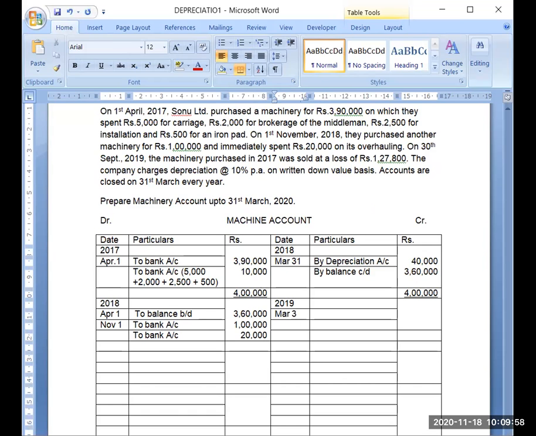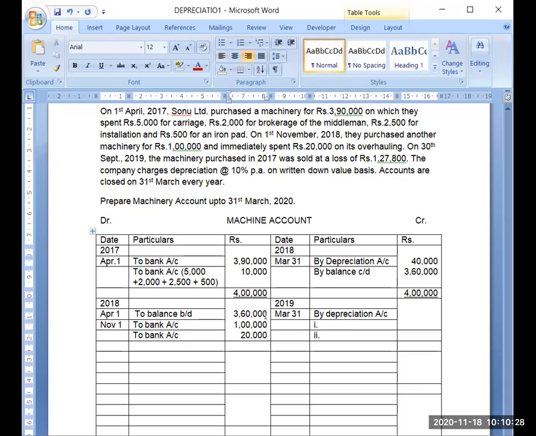March 31st. Again we will be charging the depreciation by depreciation account. And because now we have two machineries, so we will be calculating depreciation on these two machineries separately. Okay. Now first we will calculate, and the method is written down value method.